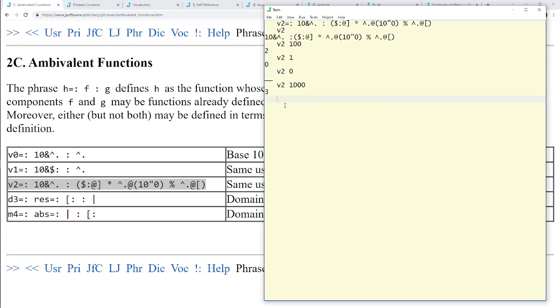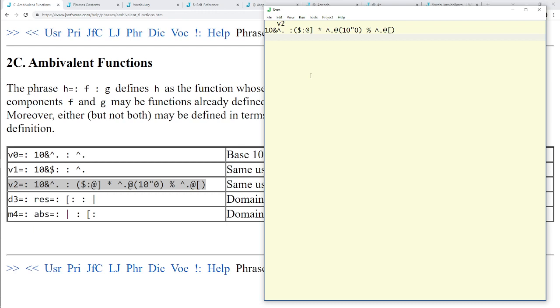V2 1000 should be 3. Right. So 10 log 1000 is 3, which means that 10 exponent 3 is 1000, right? So that's cool. So we have V2, and we understand the monadic case.